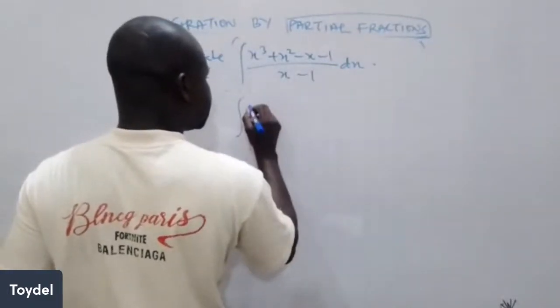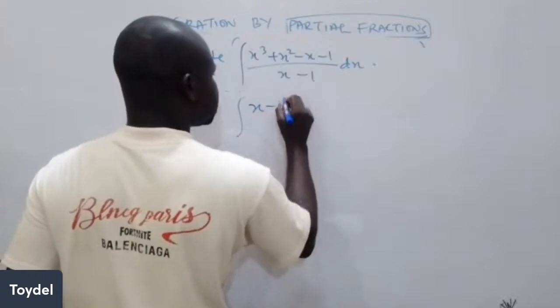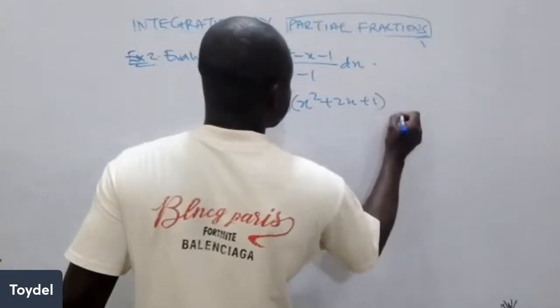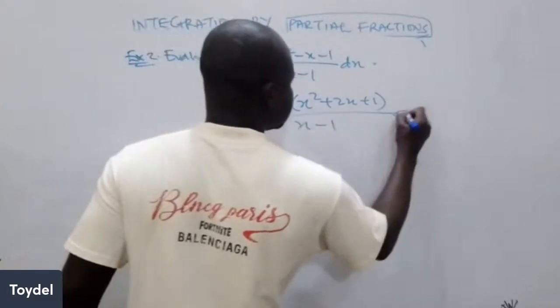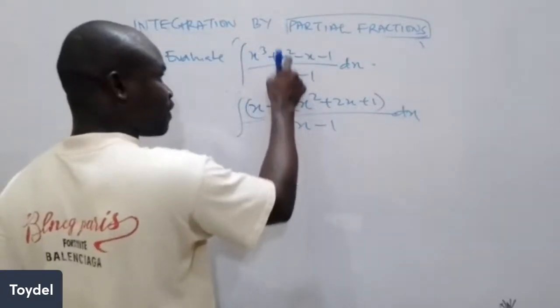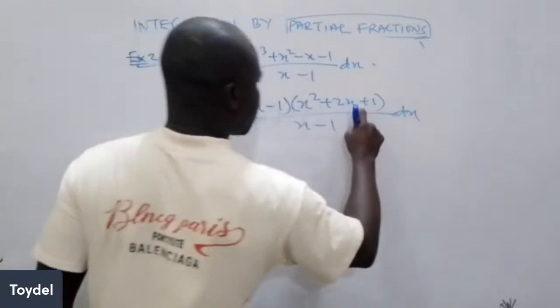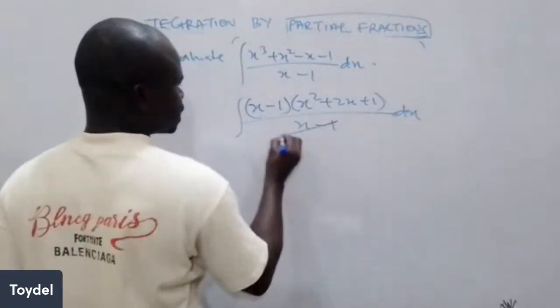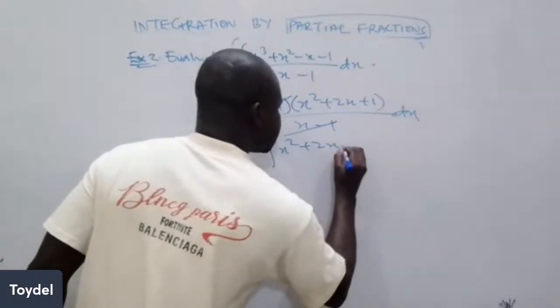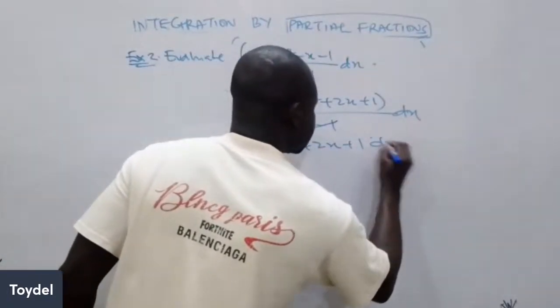This numerator can be written as x minus 1 into bracket x squared plus 2x plus 1, all over x minus 1, dx. When I use this to divide this, I realize that this is also a factor of this. Then if I open up here, I'll get the numerator back. This can actually take care of this. So at the end of the day, I have the integral of x squared plus 2x plus 1 dx.